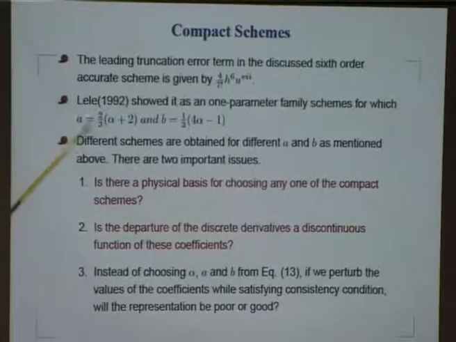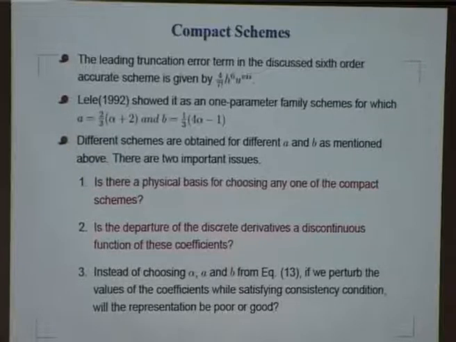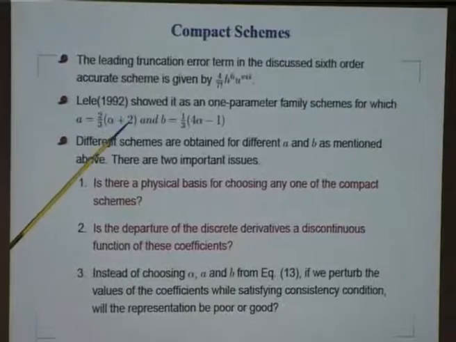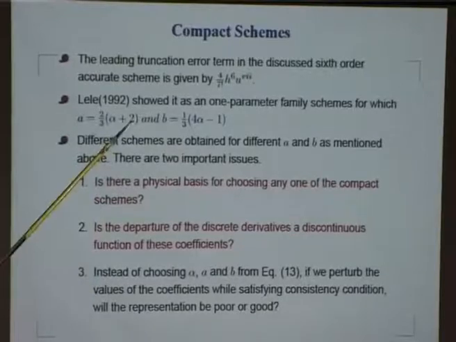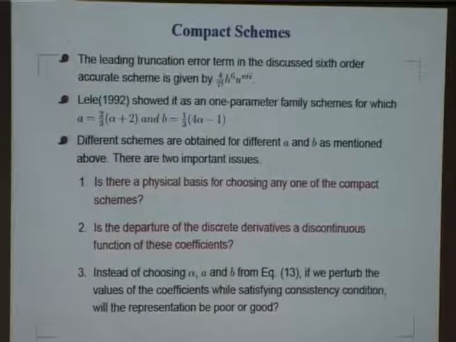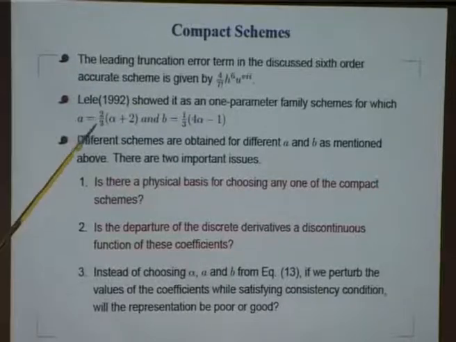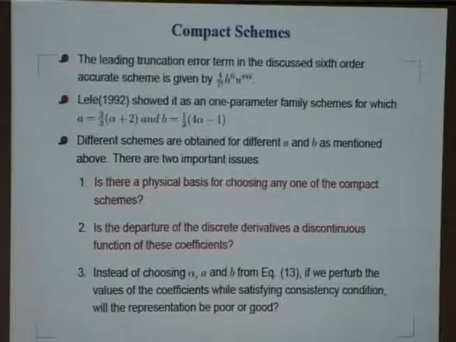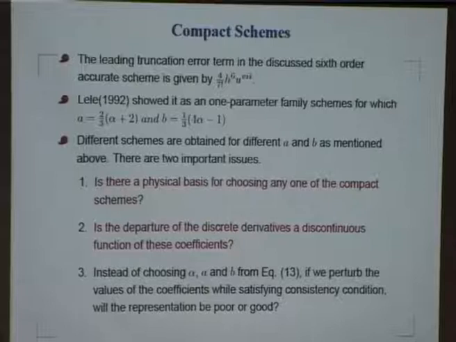So that will be a kind of fourth order scheme, right? So for the fourth order scheme, a is given in terms of alpha and beta, alpha, and b is also given in terms of alpha. So we can choose different values of alpha, and we can evaluate the corresponding b, and we'll develop a fourth order scheme.